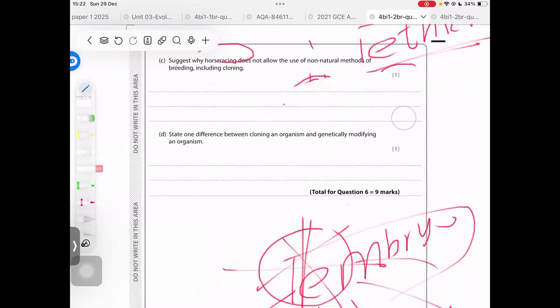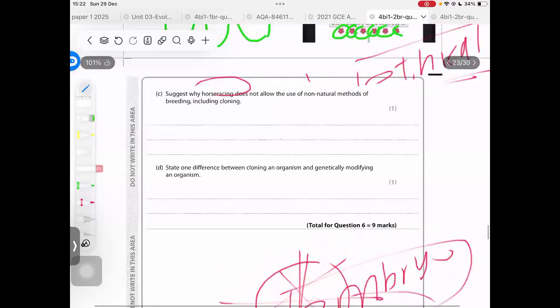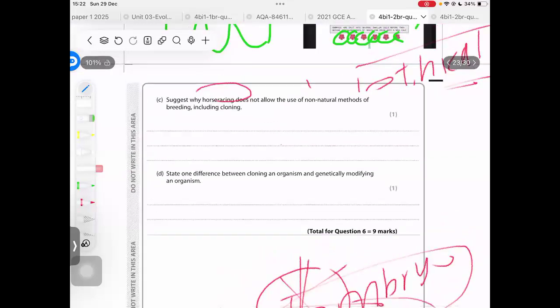And also, when you have cloned animals, they are genetically identical to each other. So basically there's no variation in that horse race, right? You're having a competition to see who is the best.